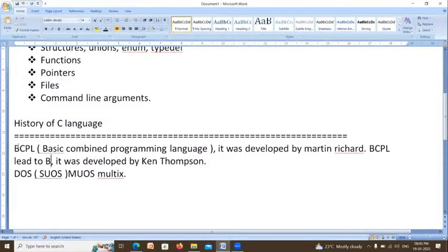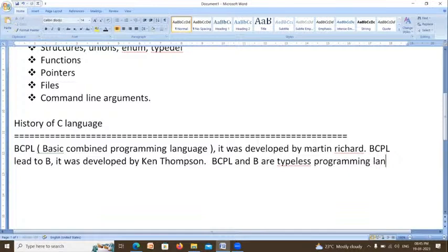They successfully developed BCPL. After that, they developed B also. Actually, BCPL and B are typeless programming languages. What is the meaning of typeless?